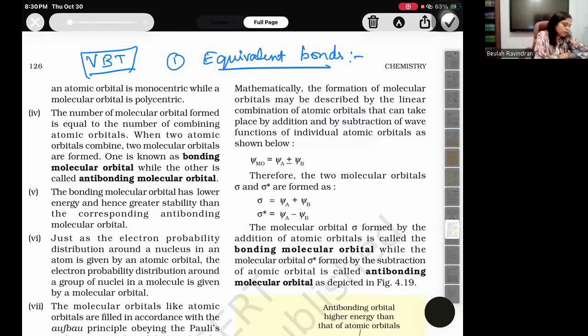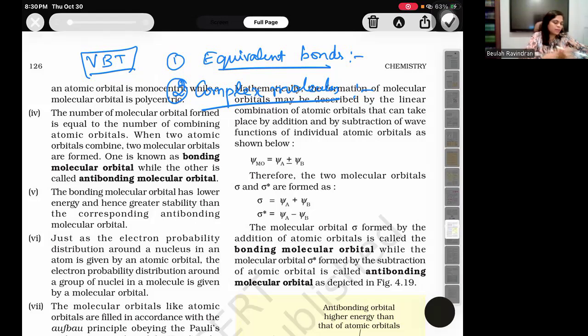Next one is complex molecules. VBT theory failed to explain complex molecules. What is in complex molecules? Inadequate explanation for intricate molecules, especially those with delocalized electrons or unconventional bonding patterns.